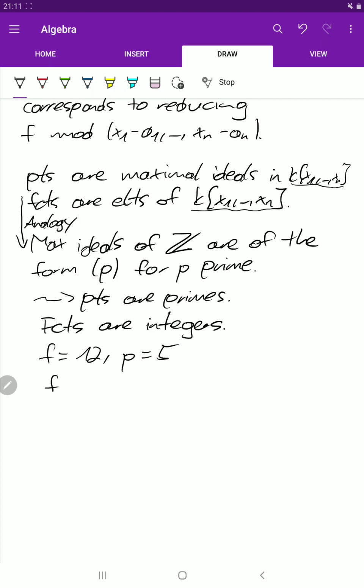So f(5) is 2. And for instance, f(7) would be 5, I guess. And so on. So we can evaluate these functions.